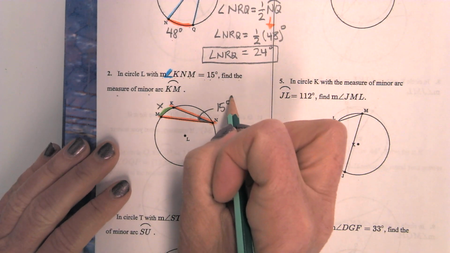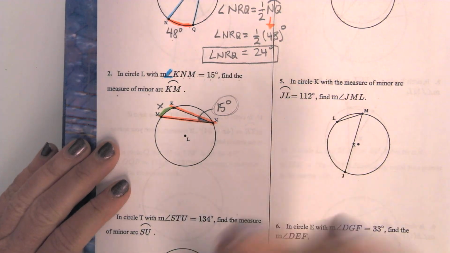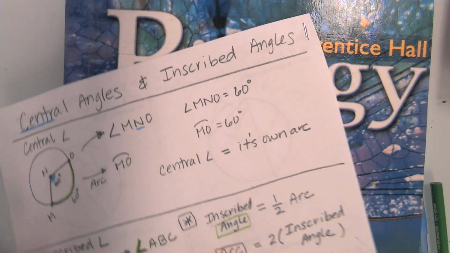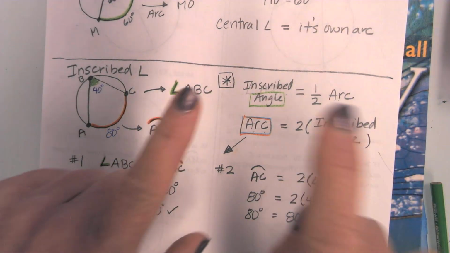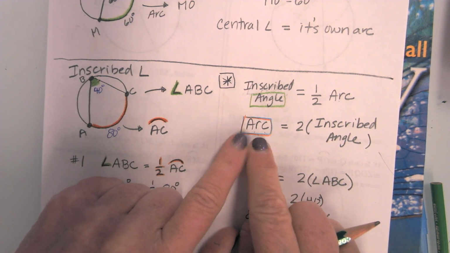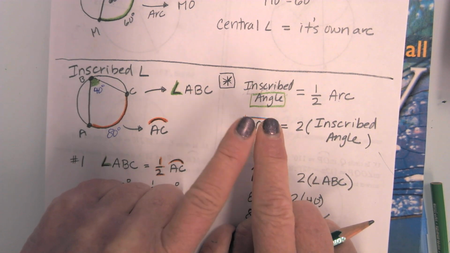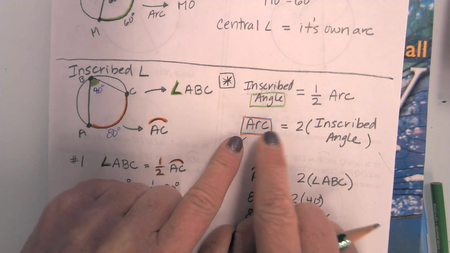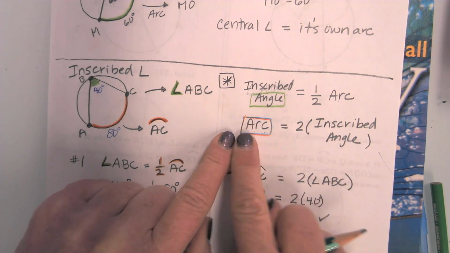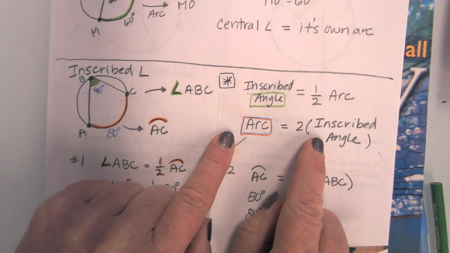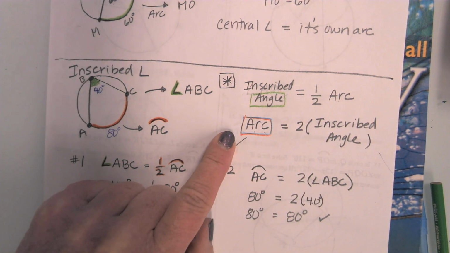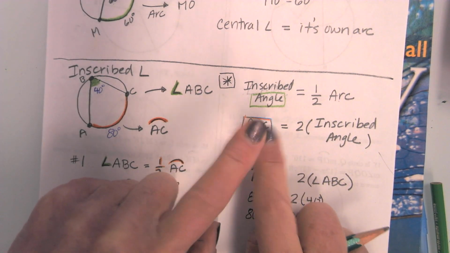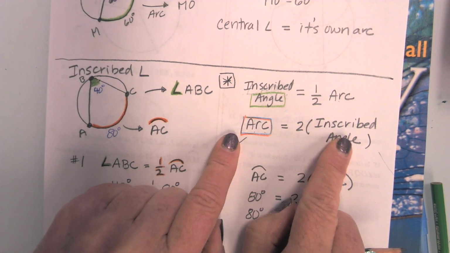Now in this one, they have given me the angle measure. I'm looking for the arc. I want to know the arc. Since I'm looking for the arc, I'm going to use the second one. It actually doesn't matter. That just works for me. You can decide what works for you. Since I want the arc, I'm going to use the second one.